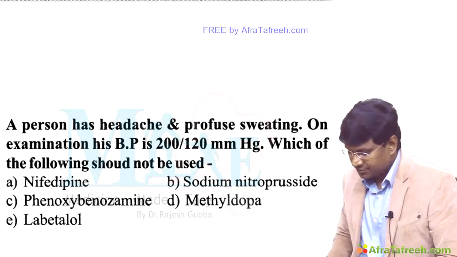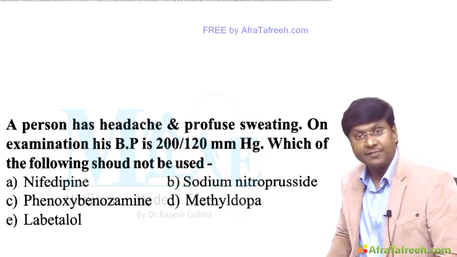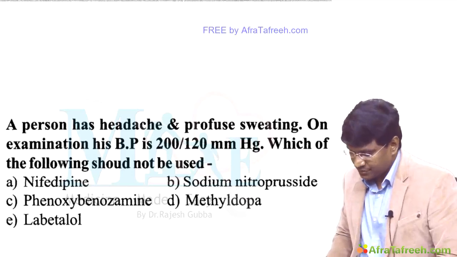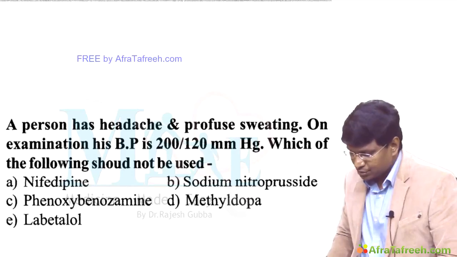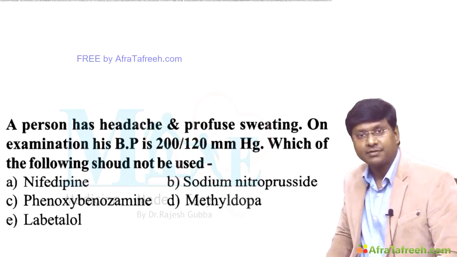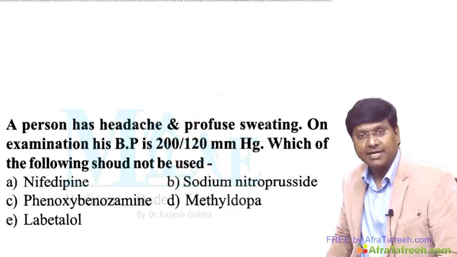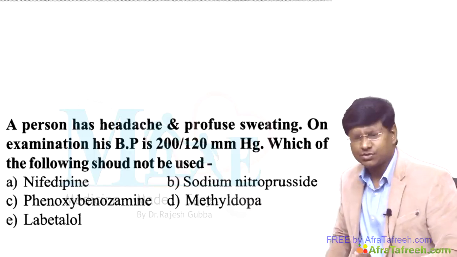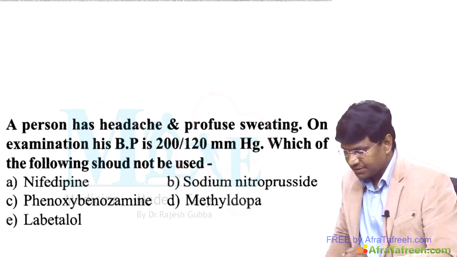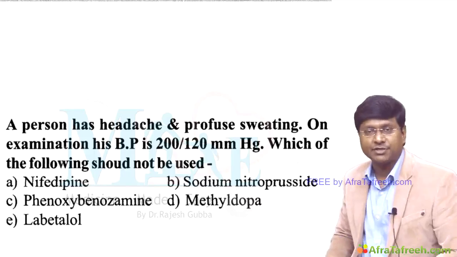On examination, his blood pressure is nearly around 200 by 120 millimeters of mercury. Which of the following drugs should not be used? The options are nifedipine, sodium nitroprusside, phenoxybenzamine, methyldopa, and labetalol. So which among these should not be given in patients with a blood pressure of nearly around 200 by 120 millimeters of mercury?